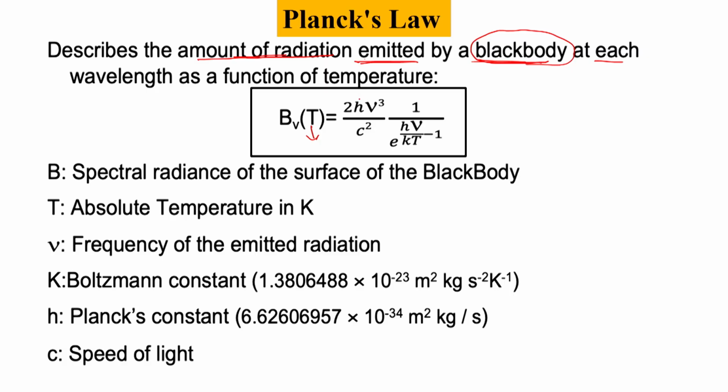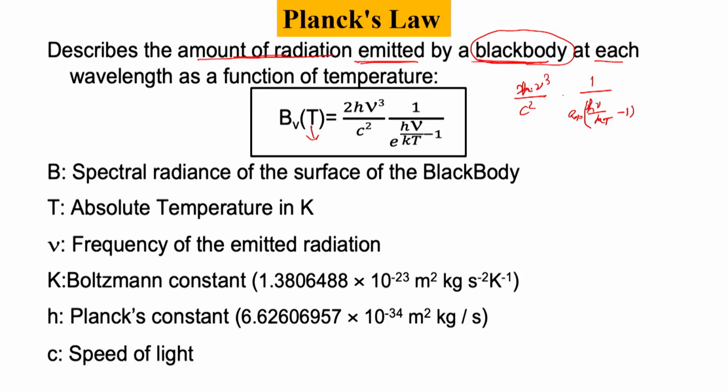You have this function E equals h nu cubed upon c squared, times 1 upon exponential of h nu upon k T, minus 1. This is a little complicated equation because the temperature is in the exponential, in the denominator, and you have to subtract 1.